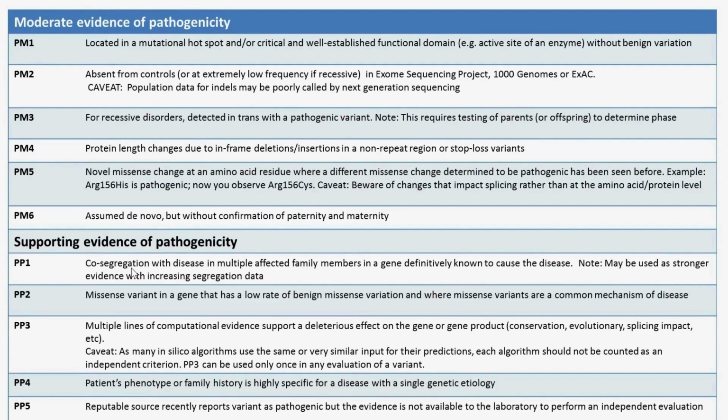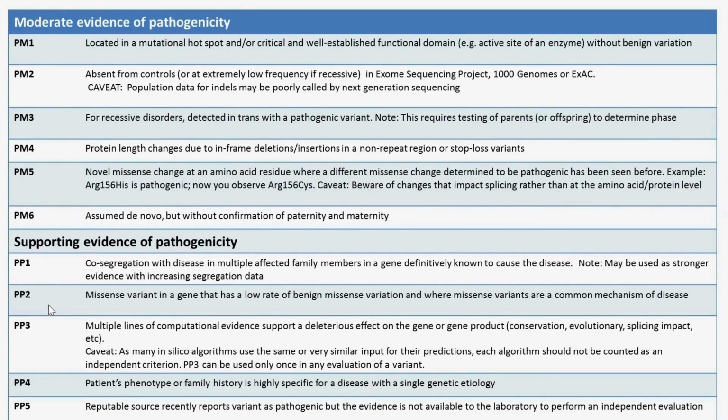The next criteria is based on supporting evidence of pathogenicity, which includes PP1 to PP5. So PP1 includes variants which are in co-segregation with disease in multiple affected family members in a gene which is known to cause the disease.